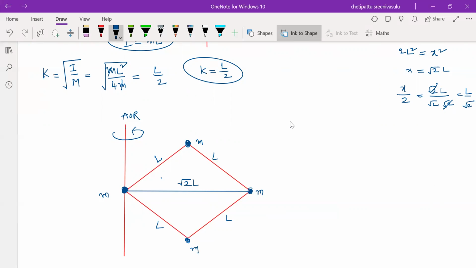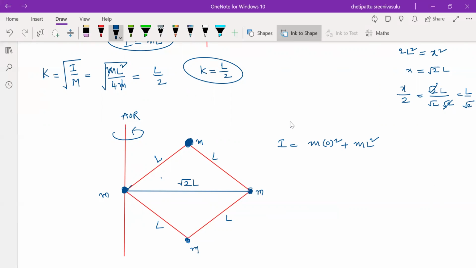One corner is on the axis, so here there is no perpendicular distance. That's why the moment of inertia I we can write as m into 0 square, plus for this mass you look here, this is the perpendicular distance L from the axis, so we write ml square. You need to assume the masses are perpendicular to the whiteboard.